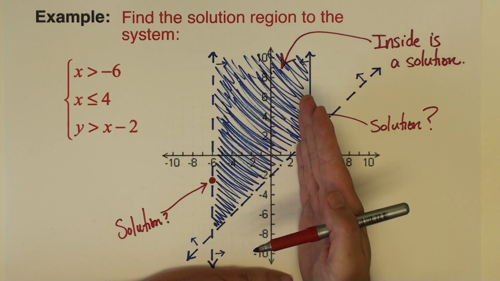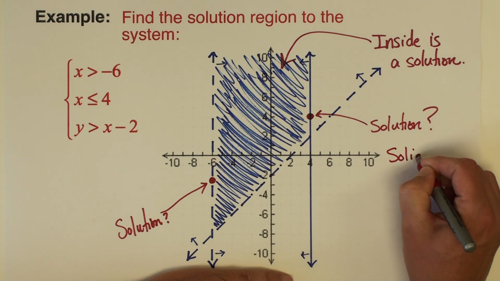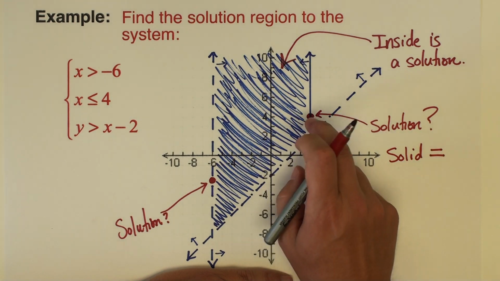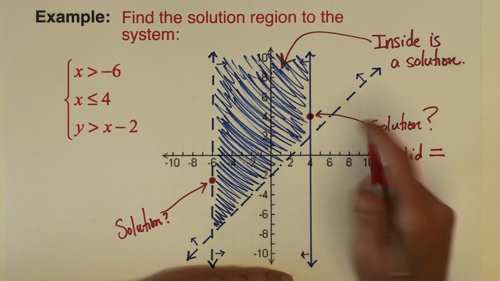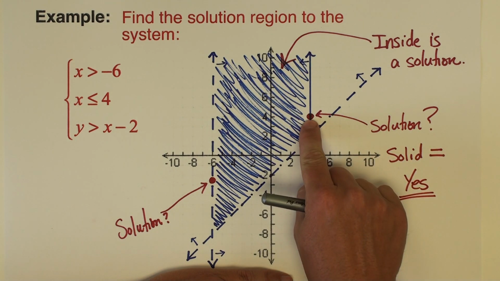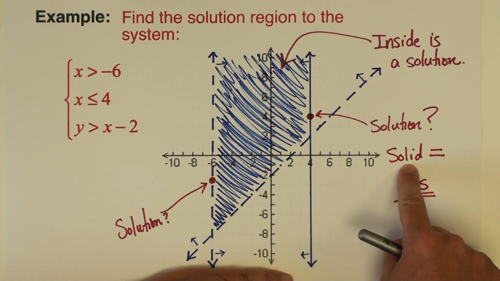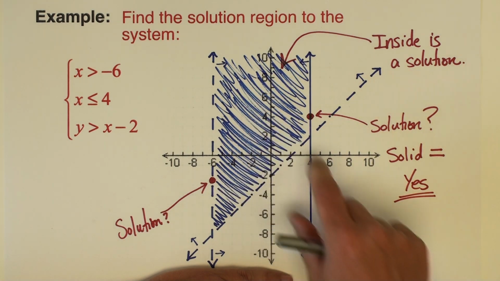If it's a solid line, that is used for equals. So any point on here is equals, it's included. So this point here, yes, that point would be a solution to this system because it lives on a solid line, which is just as good as living inside here, okay?